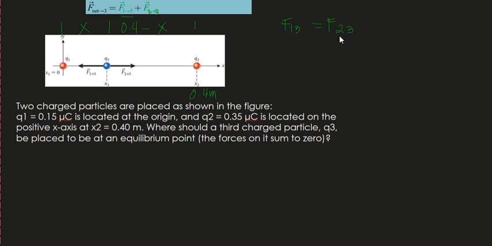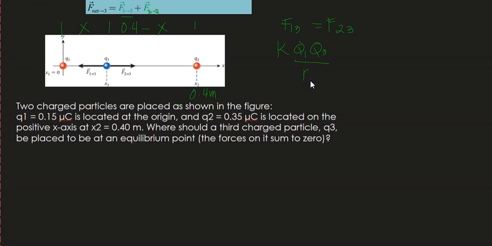So take note that there should be an arrow, but I am using subscripts directly. It will be okay to represent it this way. So we will have F1 to 3, so this will be K, Q1, Q3 all over R.